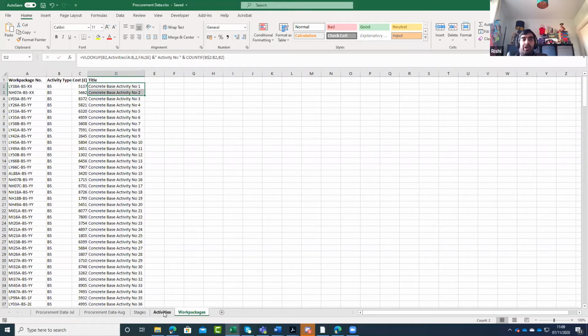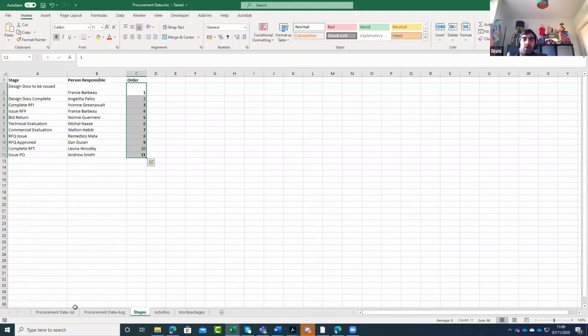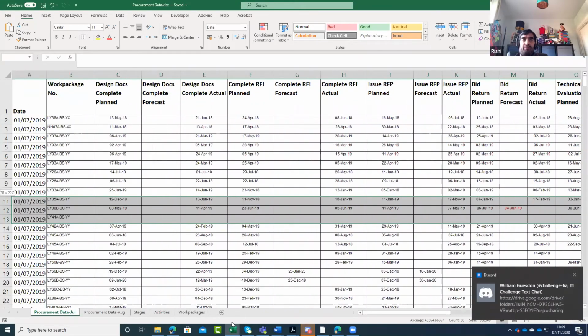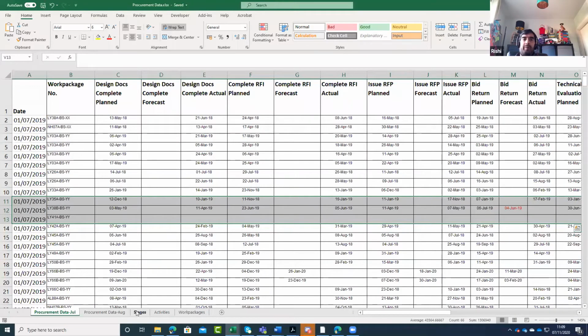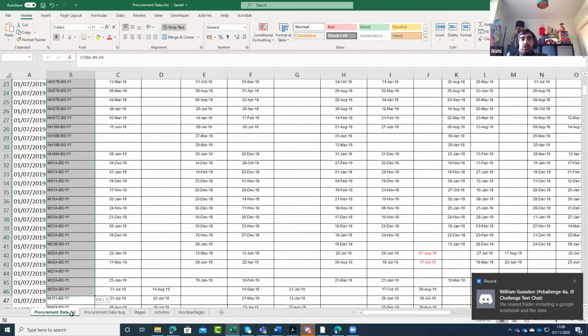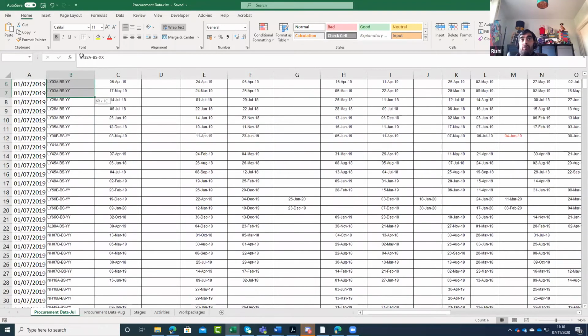Ideally, if you are building this, the data would, rather than all coming from one big spreadsheet, come from a reference data source. Somewhere that actually contains your work packages, your activities, and your stages. And the reason for that is that, whilst you could extract the unique list of work packages from this data, you might not have all of them in there.